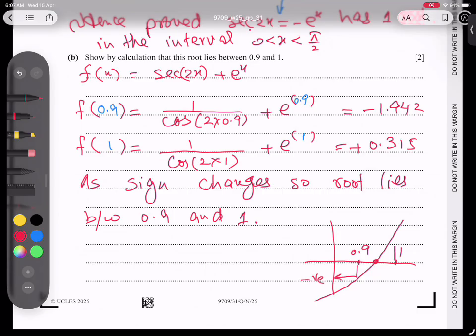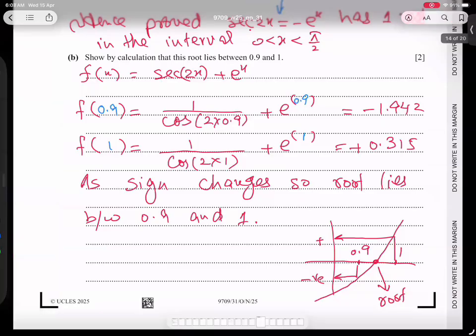At 1, you have a positive value. As the sign changes, this point is basically called the root. If the total curve is above or below, the sign will not change. It means no intersection with the x-axis. I hope the point is very clear. And let's go for the next part of this question.